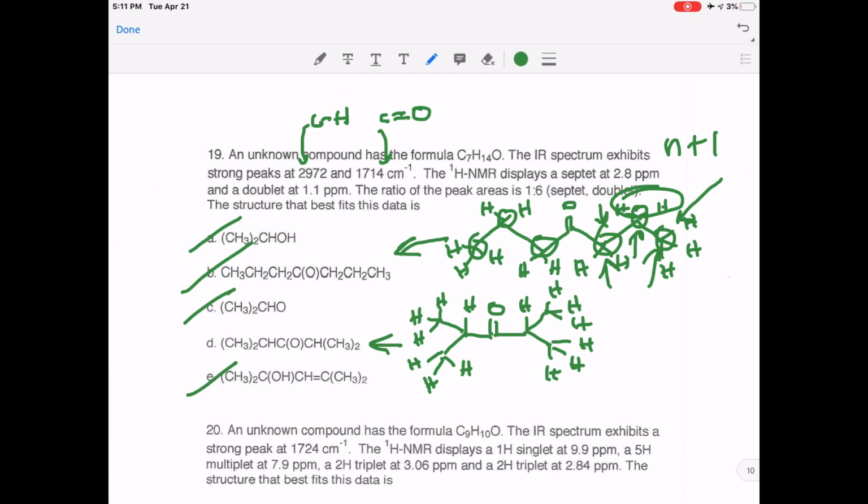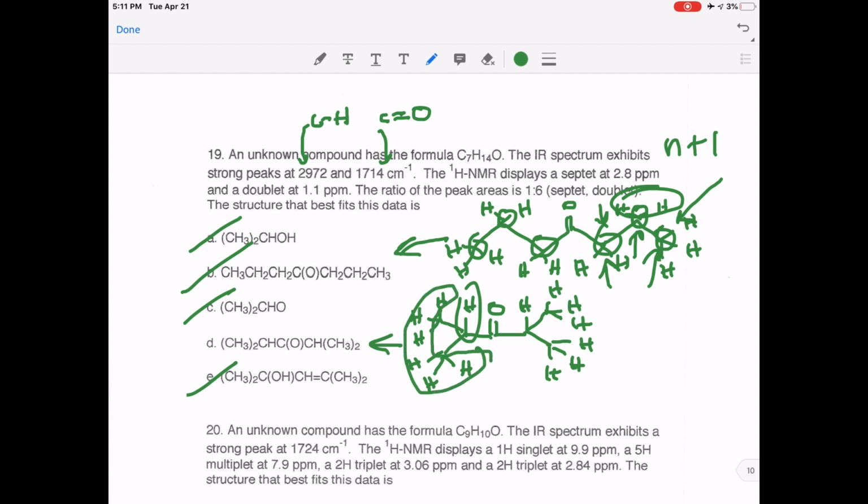So that leaves us with D as our answer, but just to explain why, if we look at the structure, we have 1 proton on this carbon, and then we branch out into 6 protons that are chemically equivalent.